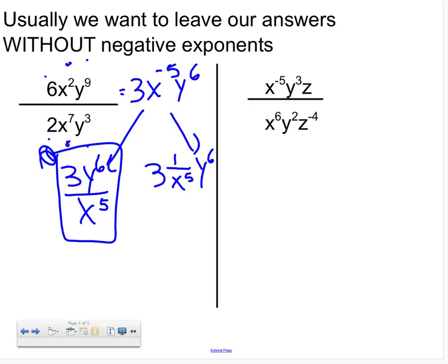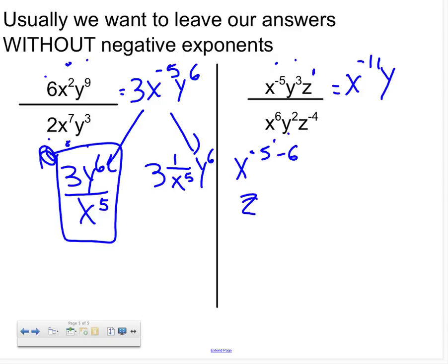Let's try one more here where the negative is already given for us. So in this case, negative 5 minus 6, so x to the negative 5 minus 6. Well, negative 5 minus 6 is x to the negative 11th. Here it's 3 minus 2. Well, that's just 1, so that's just y. That's easy. Here is 1 minus negative 4.